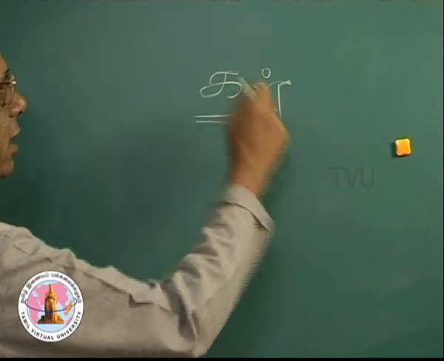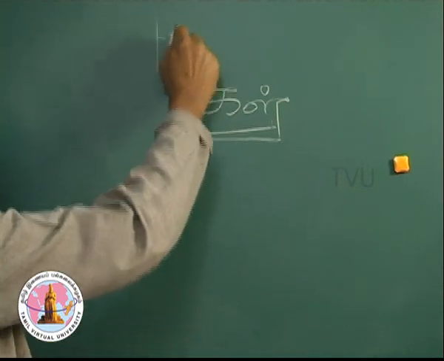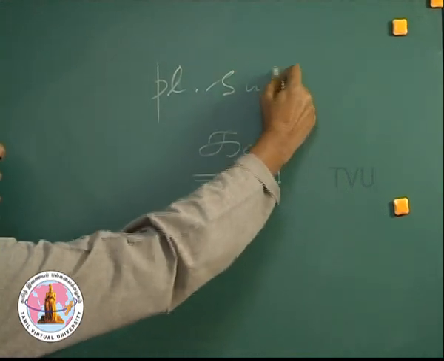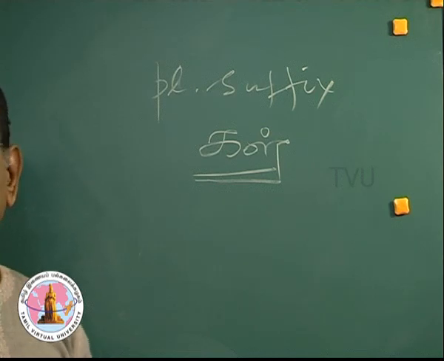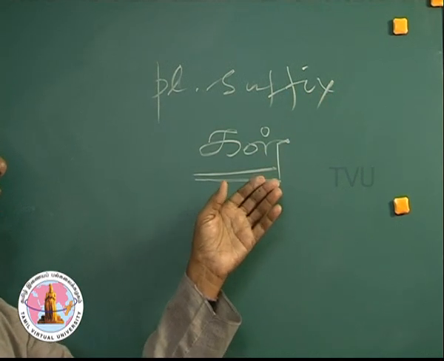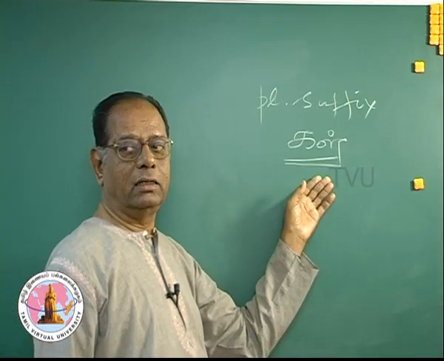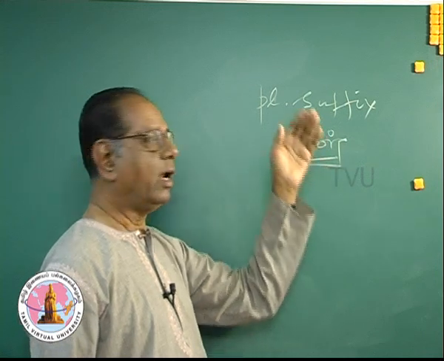Kal is the plural suffix. You know, suffix is to be added at the end of a word. So, when I add this kal to any noun, it becomes plural.